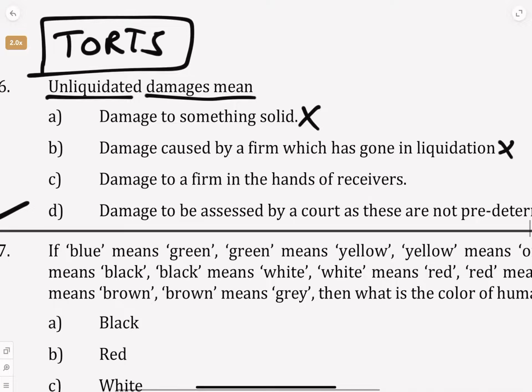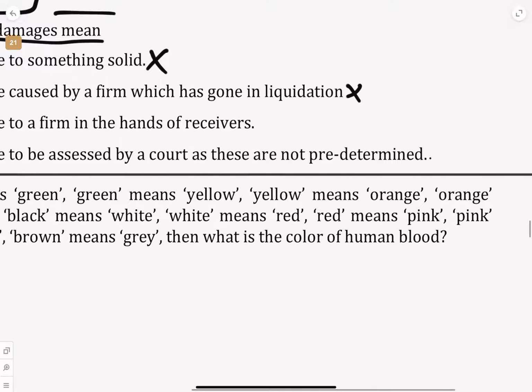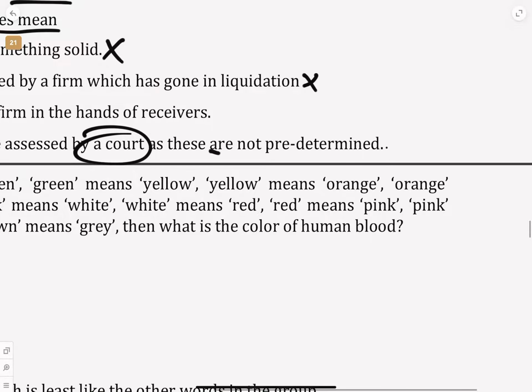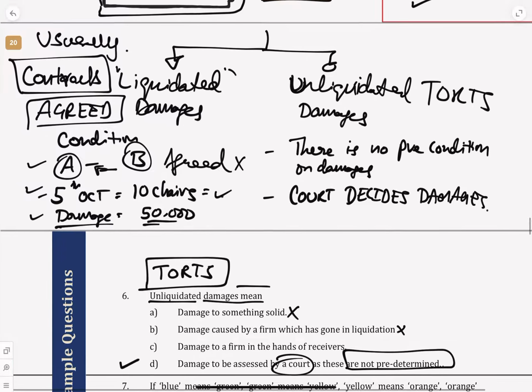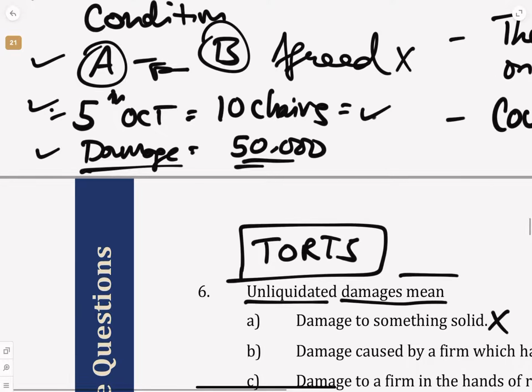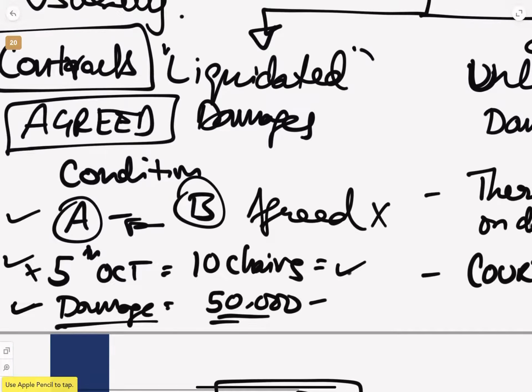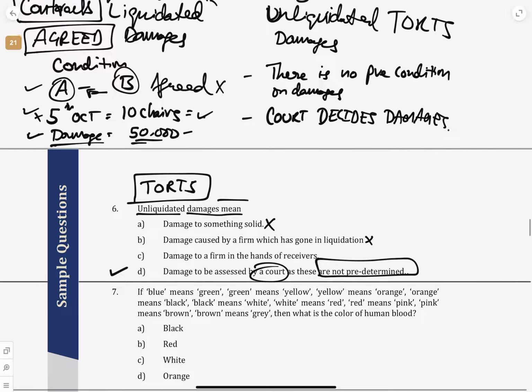So what is the question? Unliquidated damages means damage to be assessed by a court as these are not predetermined. See, in the example I told you, in this they had predetermined. What is that? 5th October, if you don't give me, damages 50,000. So it is agreed, it is predetermined. But in unliquidated it is not predetermined.